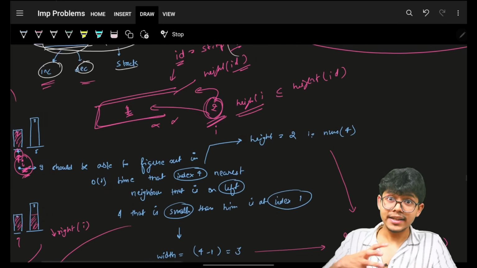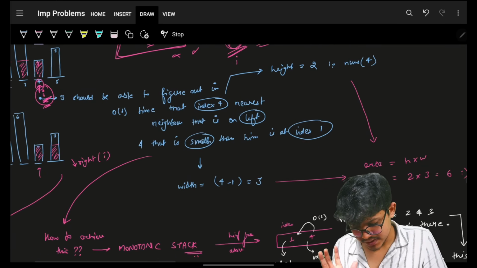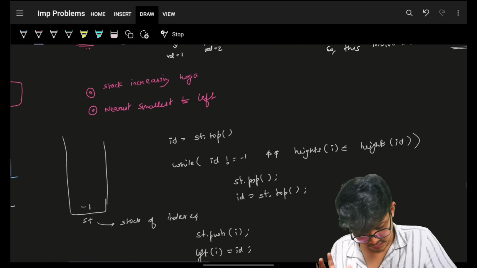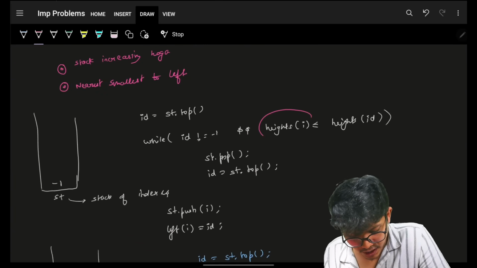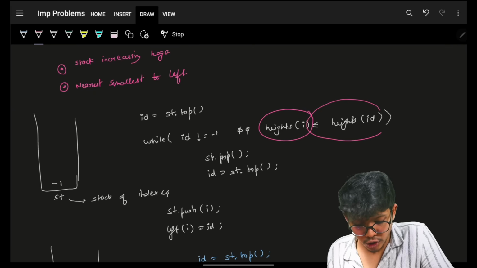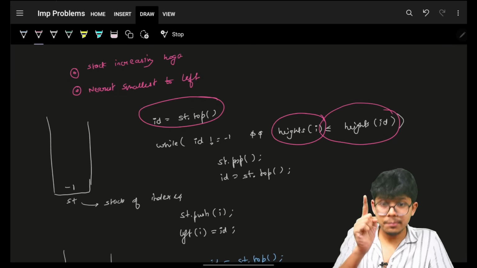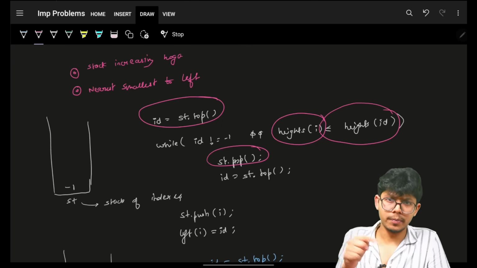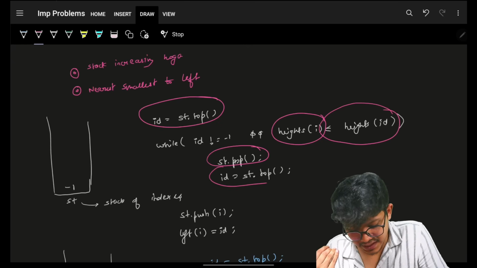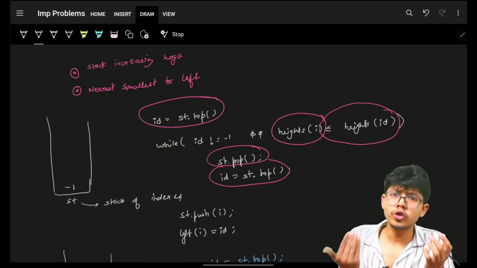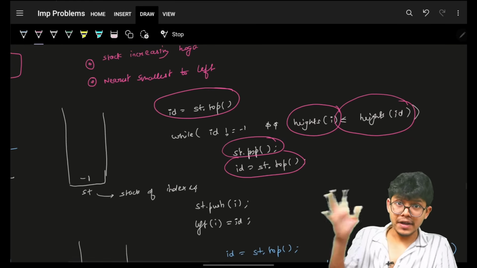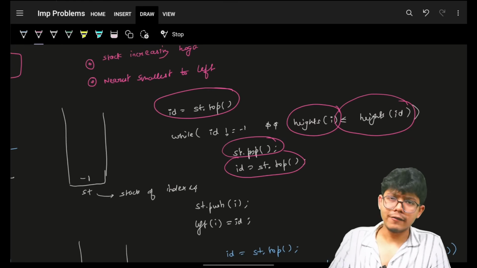So you realize how you will write the code. You will simply say, while heights of i is less than or equal to heights of id, where id is the top of the stack, you keep popping the stack top. As you pop, you update id because id will now be the new top. Then when you are done popping, you have to push i also.